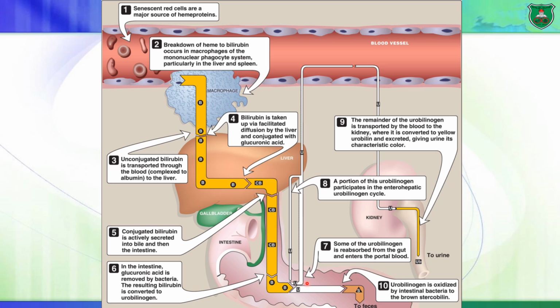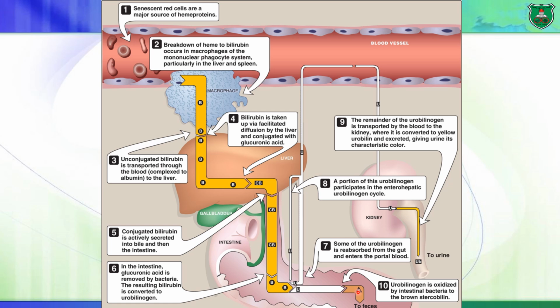Okay? Now, urobilinogen, some of it can leak out into the bloodstream. Some of it goes back into the large intestines, and some goes into the blood. Now, the majority of urobilinogen is converted to stercobilin by bacteria.